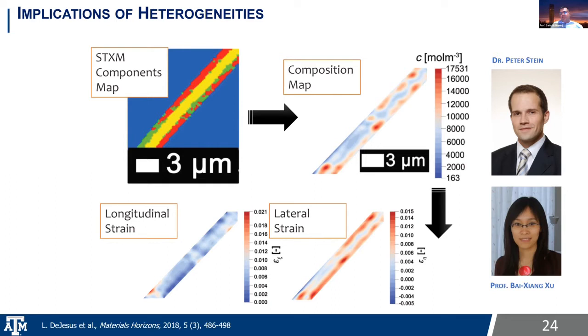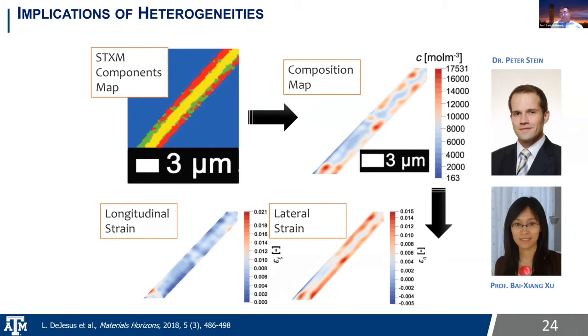Because of these heterogeneities, you end up generating quite a bit of anisotropic stress gradients and strain inside these individual particles, which ultimately will lead to fracture and breaking, these particles breaking off. And this mechanical degradation of the cathodes as a result of stresses built up because of these heterogeneities play a big role in why your cell phone battery starts to degrade after you've used it for a year or so, and so forth.